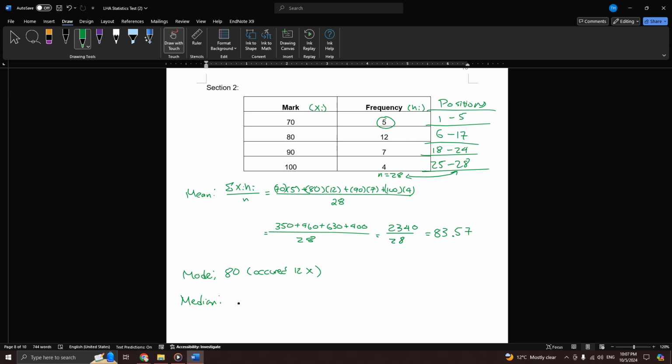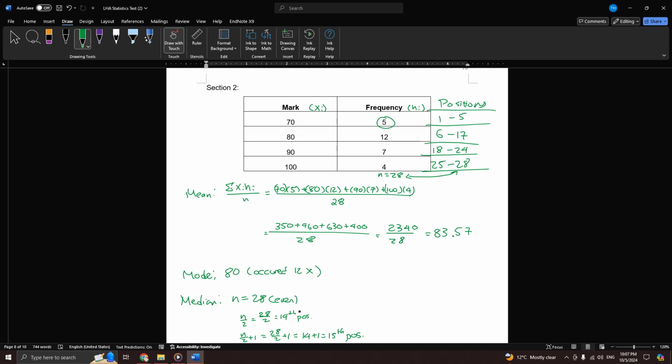So median. We have n is 28, so it's even. So now we have to do n over 2 and n over 2 plus 1. So n over 2 is 28 over 2 is 14. Is the 14th position. And 14 plus 1 is the 15th position.